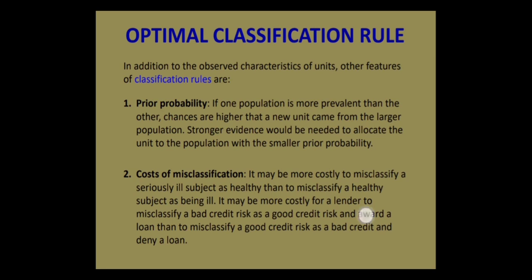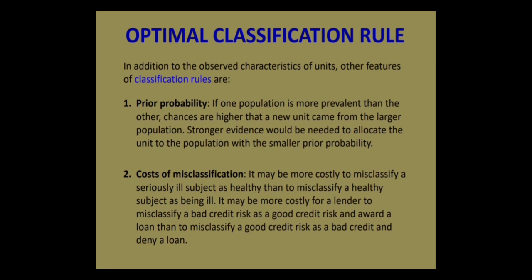Okay, the second one is the cost of misclassification, which, as I said before this, should be as small as possible. So what is the cost of misclassification? For example, it may be more costly to misclassify a seriously ill subject as healthy, for example the doctor does not treat the sick patient because it is classified as healthy, than to misclassify a healthy subject as being ill, which is the doctor will treat the healthy person.